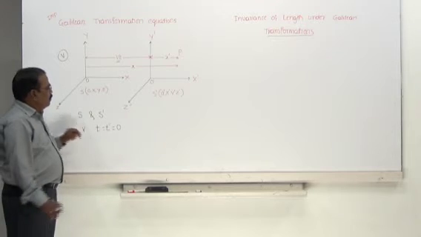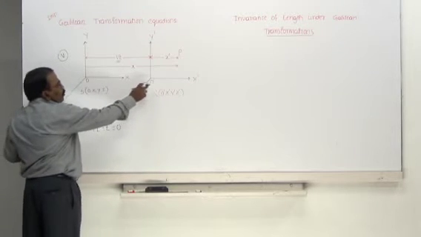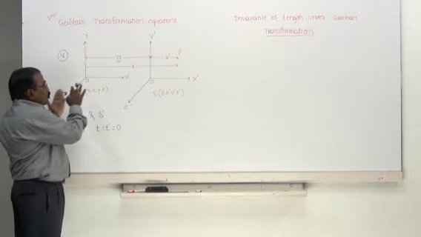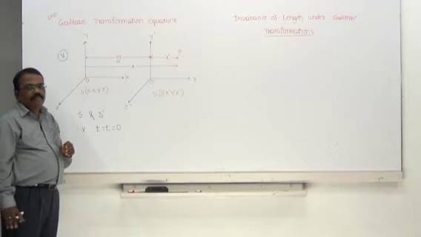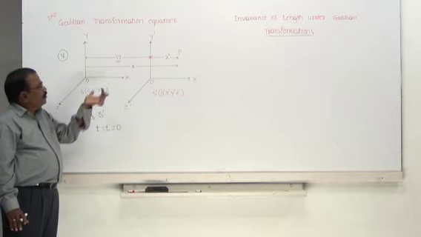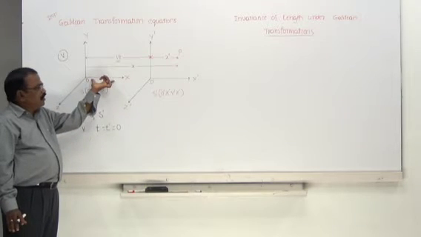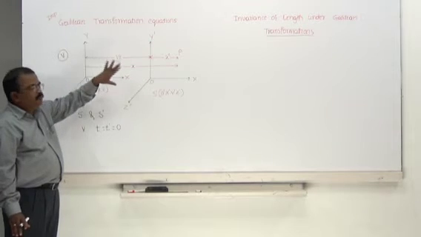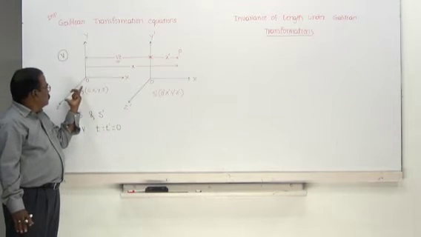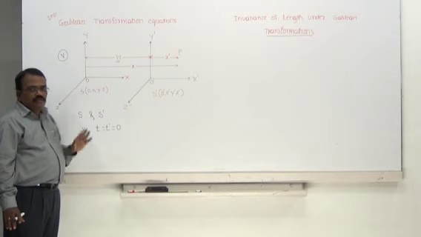At the beginning, both O and O dash coincide. That means the X axis coincides with X dash, the Y axis coincides with Y dash, the Z axis also coincides with Z dash.